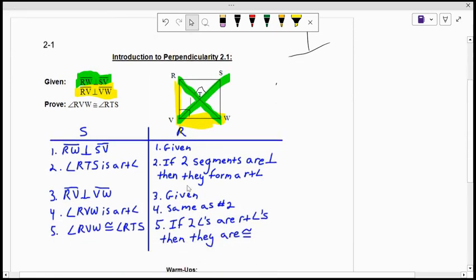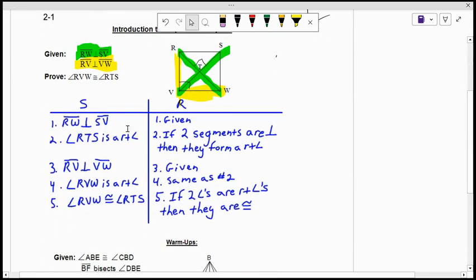So you can see here, I talked through the proof, but here is the way we would write it. So the first step, the first given. Second step is saying that angle RTS is a right angle. And again, we actually had four right angles that we could have stated, but this was the only one we needed. And our reason is if two segments are perpendicular, then they form a right angle. Okay. Then we move on to the next piece of given.